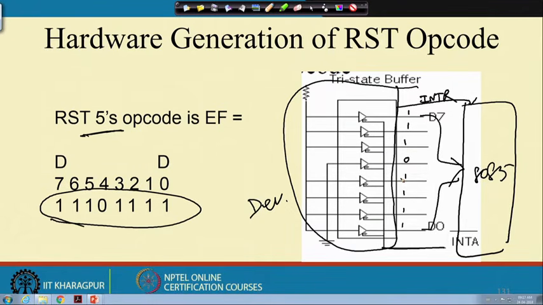As a result, when the 8085 reads it, it will understand that this is an RST5 instruction, and it will jump to the location 5 times 8 equal to 40. It will go to location 40 and start executing from there, and as I said, most probably there will be a jump instruction to the actual routine at location 40.